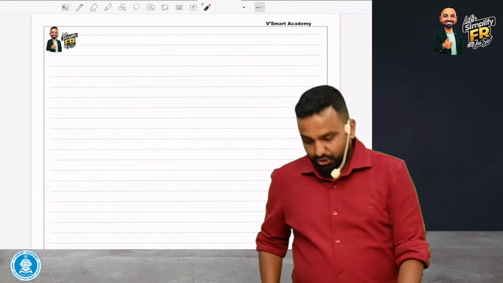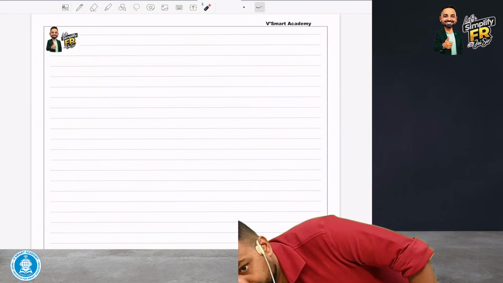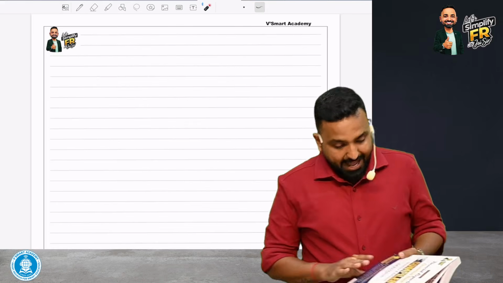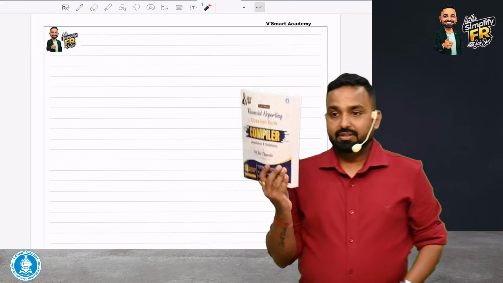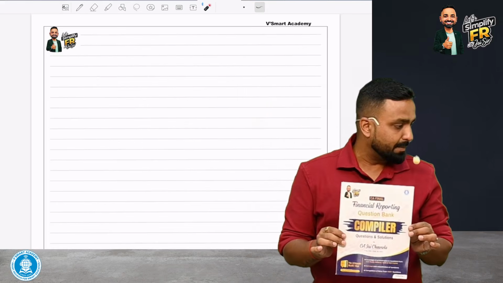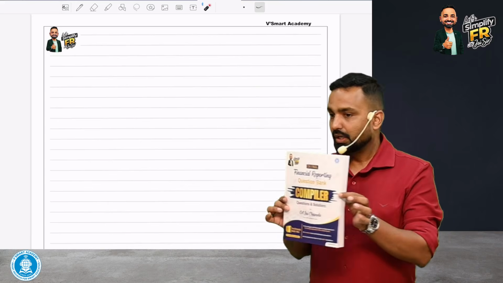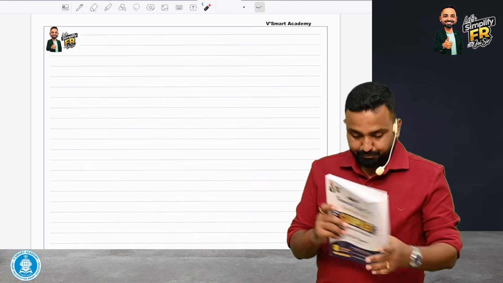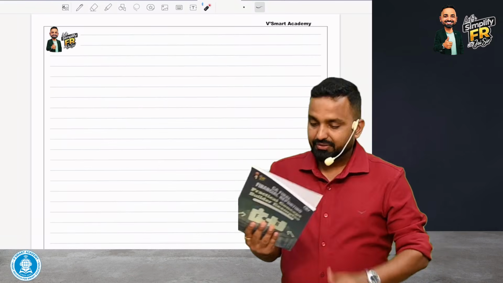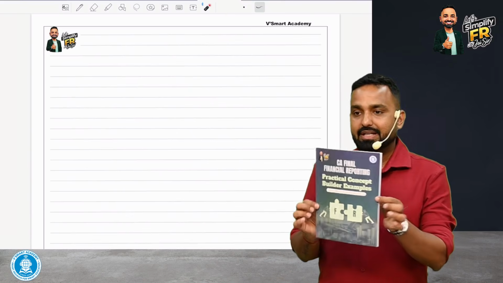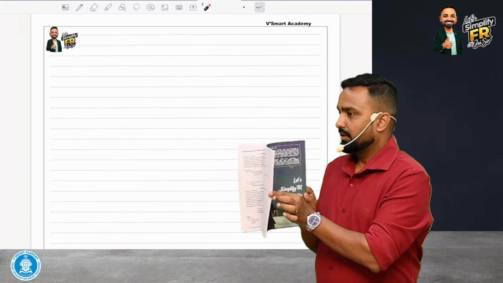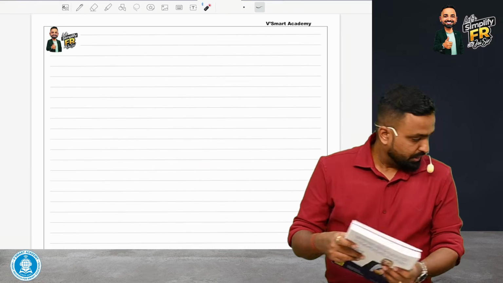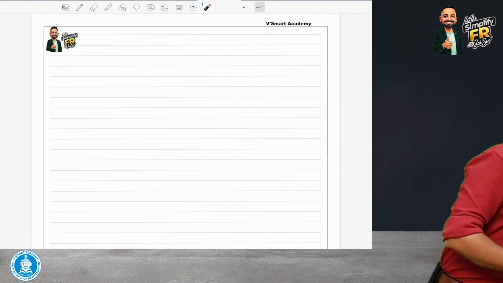Right now, as far as face-to-face students are concerned, you may have received the first compiler book, and the first practical example book. Now, let me show you about these books.